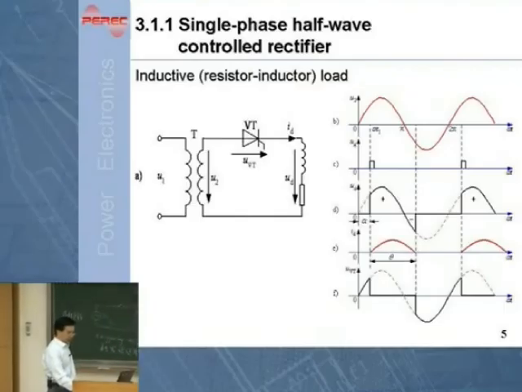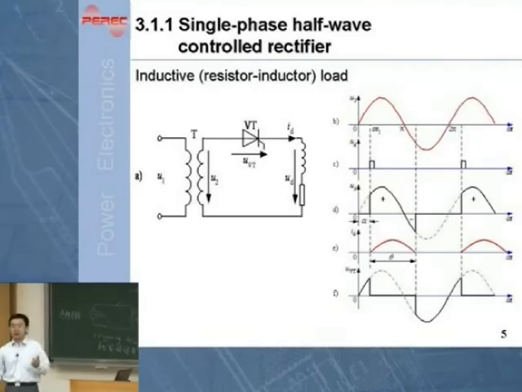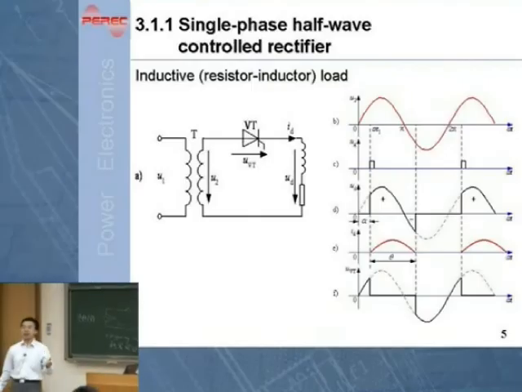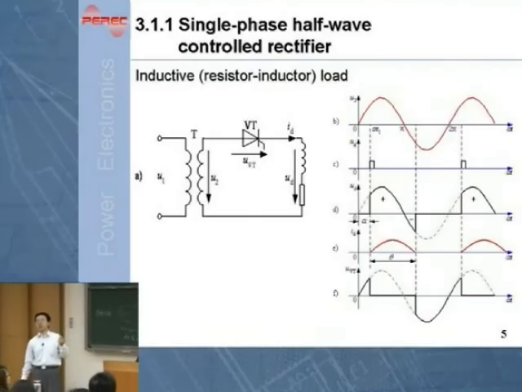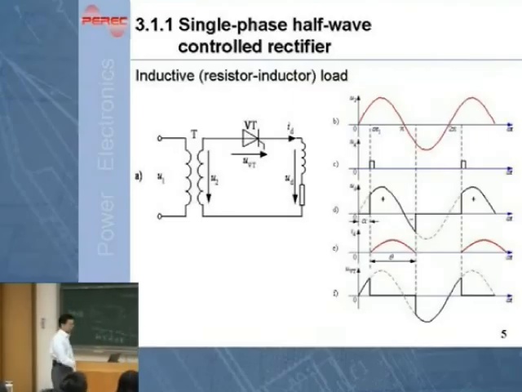So after the triggering delay angle alpha, at omega T1, at this time instant, I inject gate current into the thyristor. The thyristor is under positive voltage and I get a triggering current in the gate, therefore the thyristor will be turned on. So this is the same as in the resistor load.